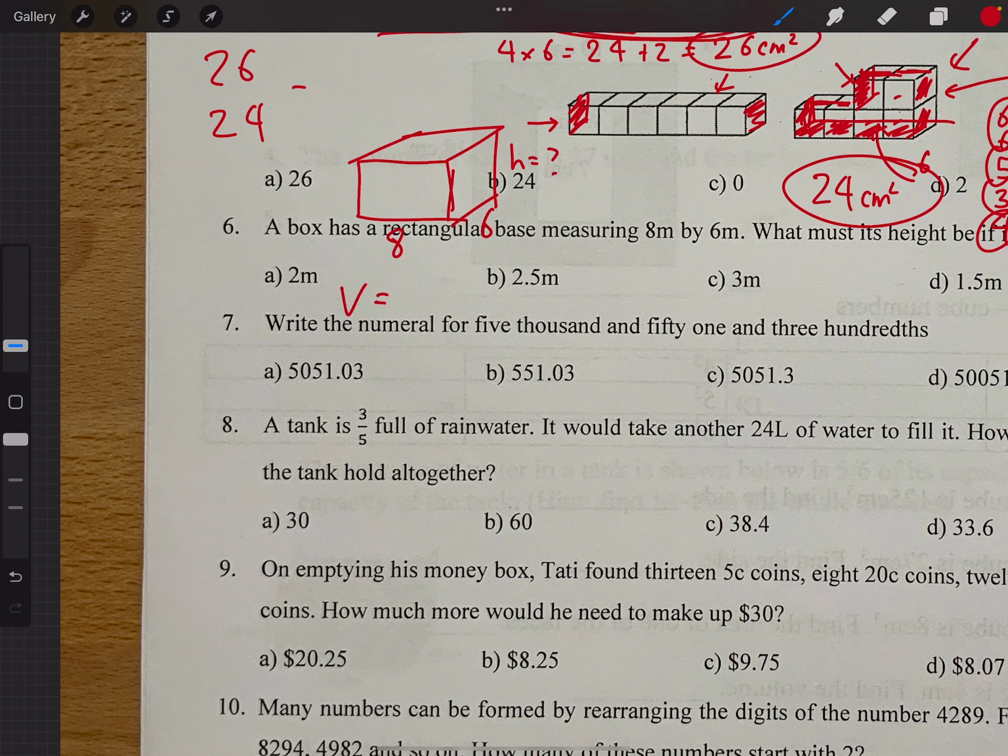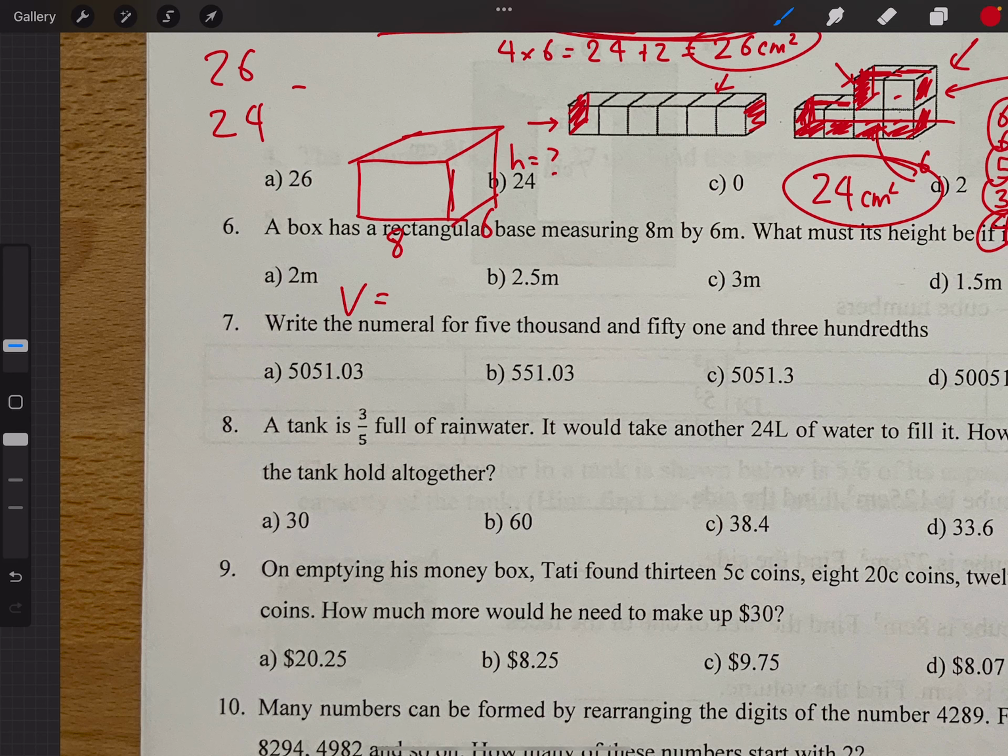We know that 2/5 of the tank is equal to 24 liters. What's 1/5 of the tank? See how these two pieces, let me color that in red, make up 24. So let's do 24 divided by 2 to find out what one piece is.